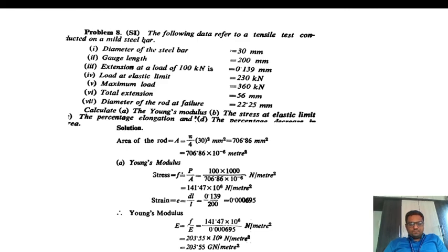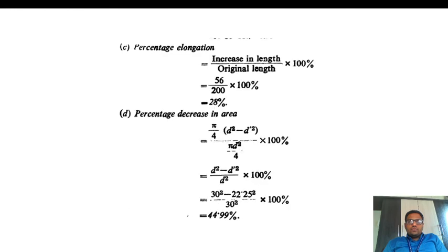Because while calculating strain, we have taken the change in length as 0.139 mm, which corresponds to a load of 100 kilonewton. So that's why we have to take the stress value corresponding to a 100 kilonewton force. So finally, the answer for Young's modulus is 203.55 giganewton per meter square.